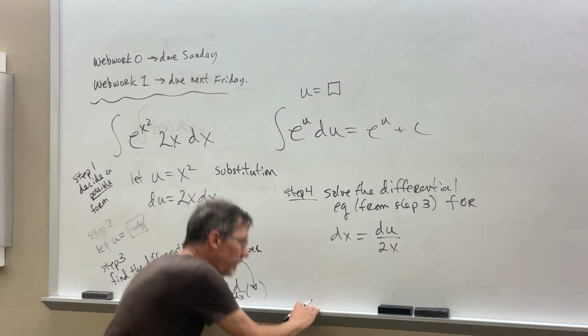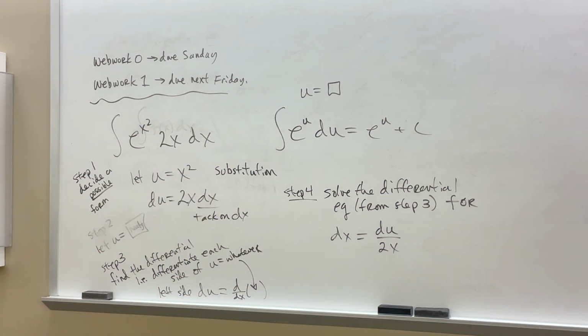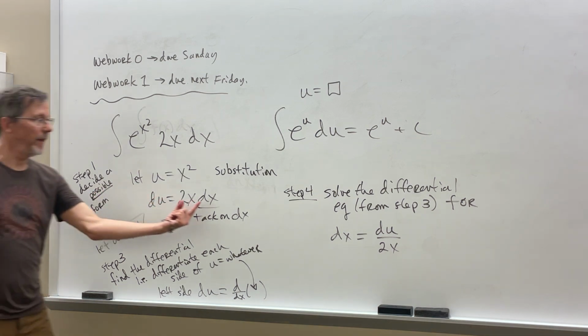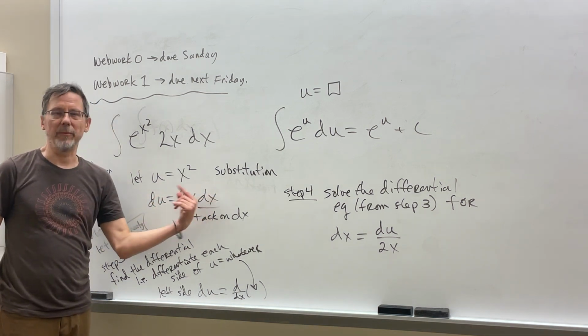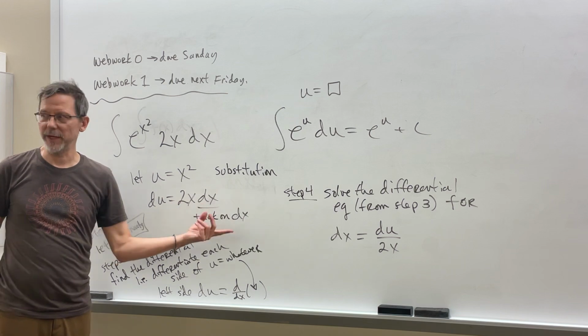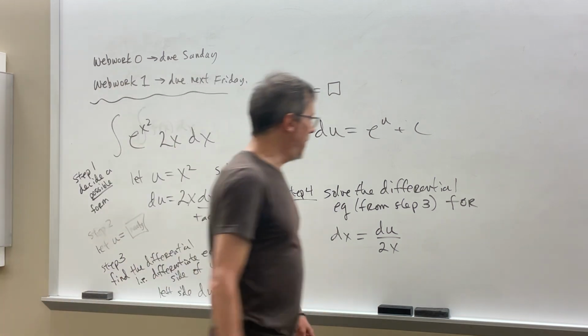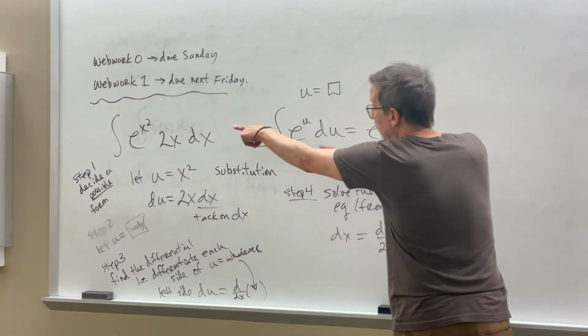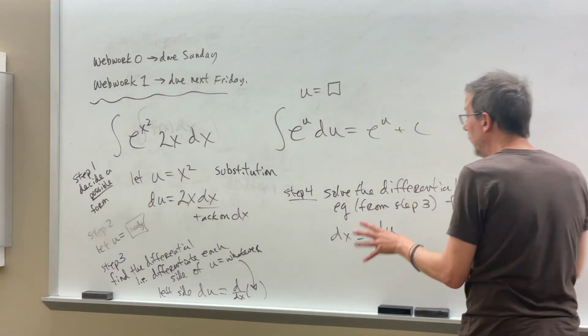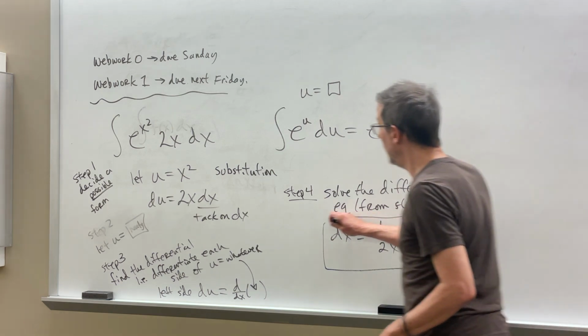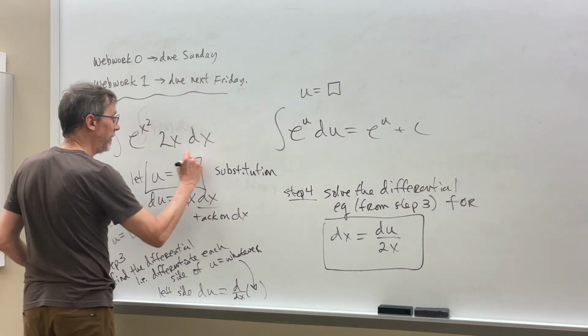Let me stop. Just isolate this. It will always involve division or multiplication. It will never be addition or subtraction. Then, rewrite the original integral using this and your substitution.